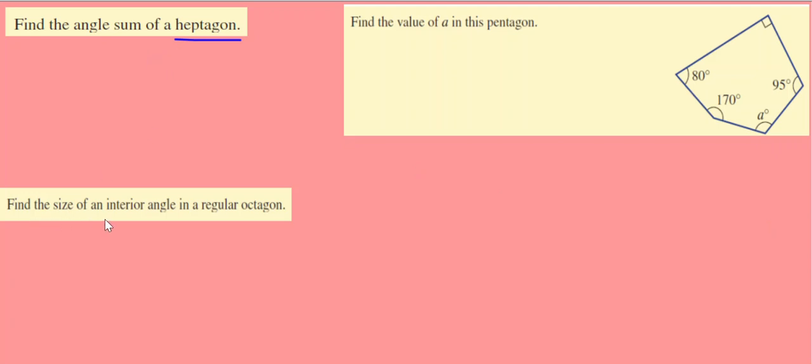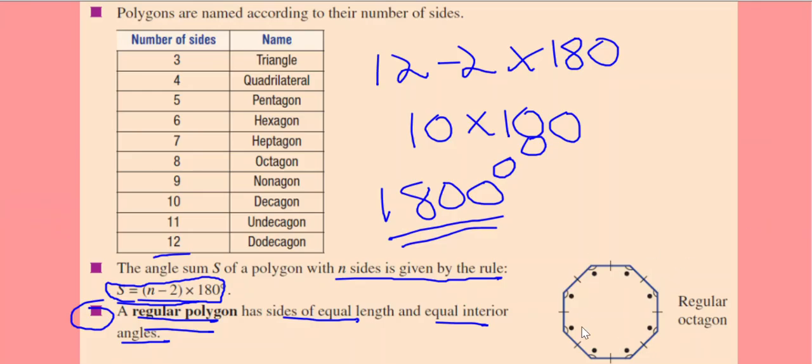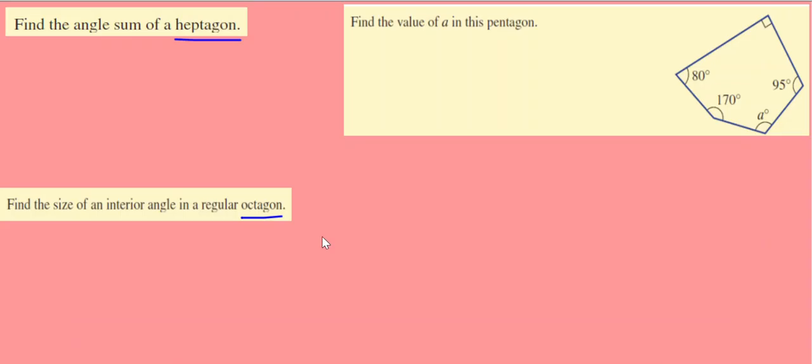Then find the size of an interior angle of a regular octagon. Like we've got here, a regular octagon. What is the individual angle within an octagon? And then find the value of A in this pentagon. Have a go at all those and then come back and we'll work through each one. Off you go.